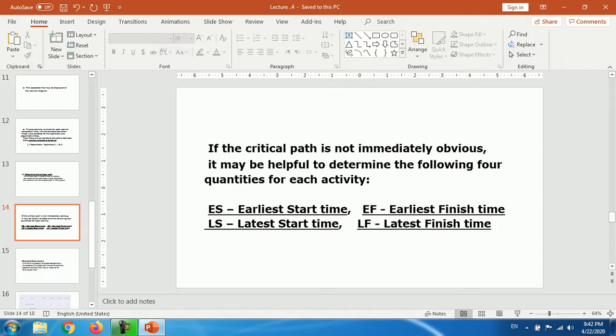ES, earliest start time. EF, earliest finish time. LS, latest start time. LF, latest finish time.